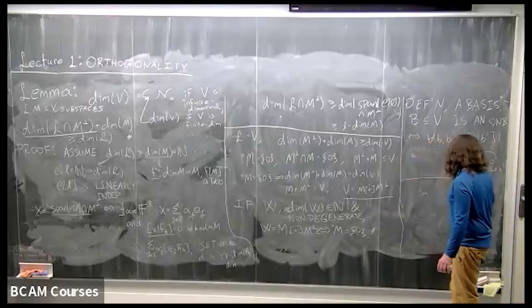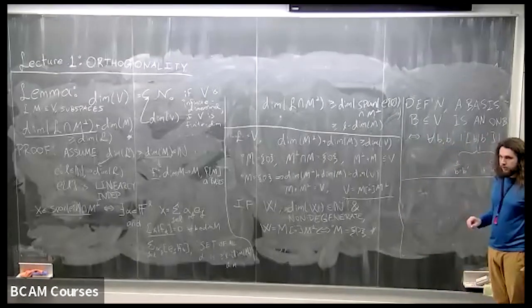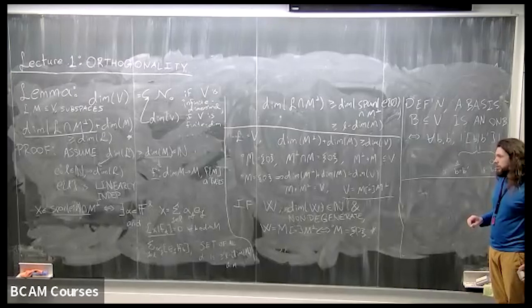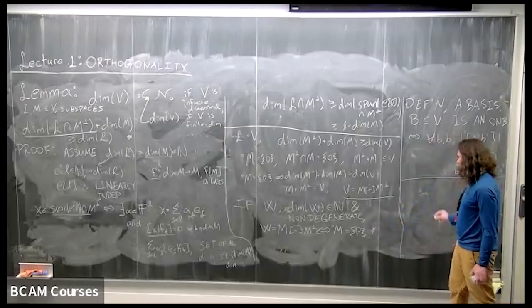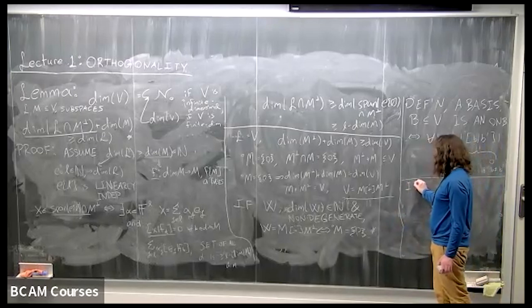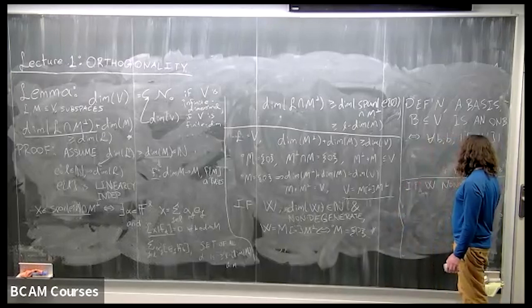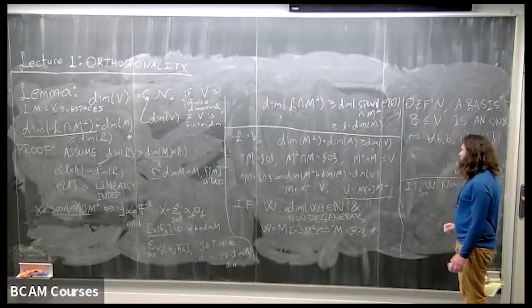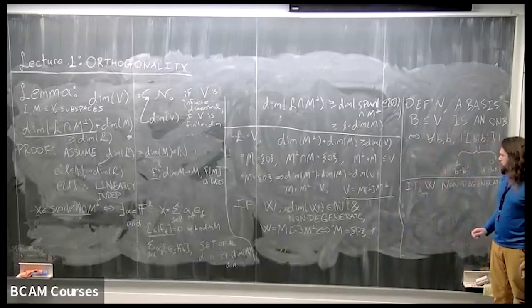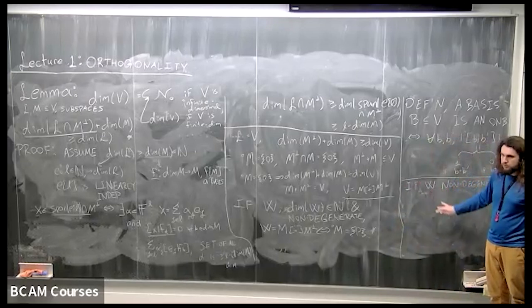And so now our task is to try to construct an orthonormal basis. We're going to do it just for the non-degenerate case, because in the non-degenerate case, I have this very powerful kit. So if W is non-degenerate, the first thing I'm going to do is pick a vector in here that is not neutral.